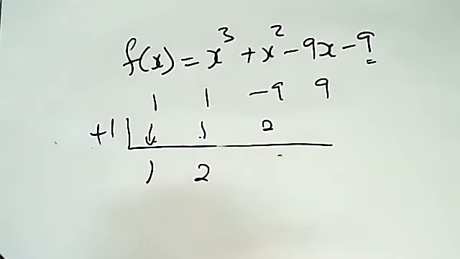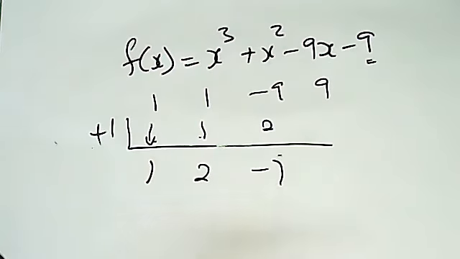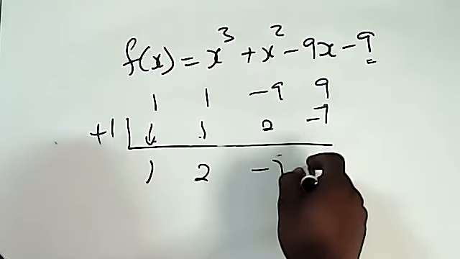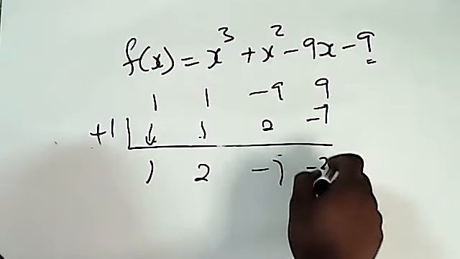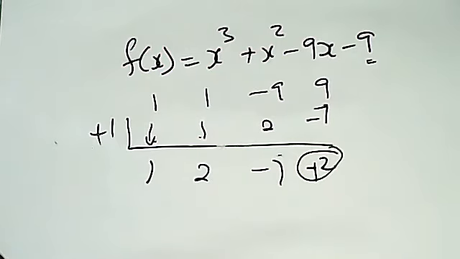What is negative 9 plus 2? That is negative 7. 1 multiplied by negative 7, that will give you negative 7, and that will give you 2, right? So it is also not a factor.